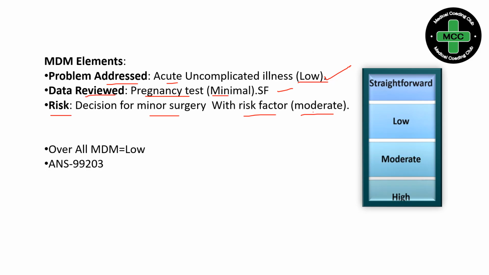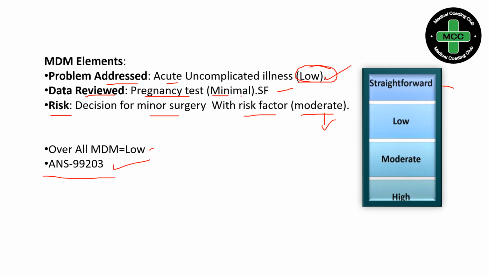Moderate MDM is the highest level, and minimal is straightforward, the lowest level. In the middle, we get low. Low will be our average MDM. That is why we are taking our answer as 99203, low MDM. Final medical decision making will be low.